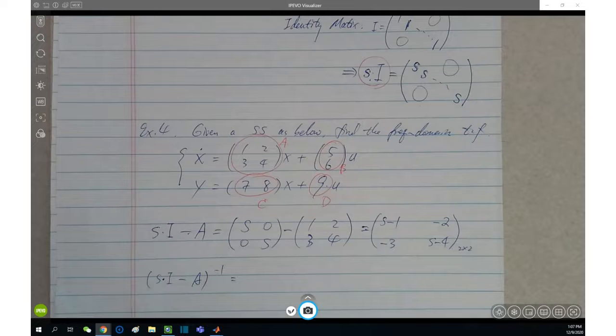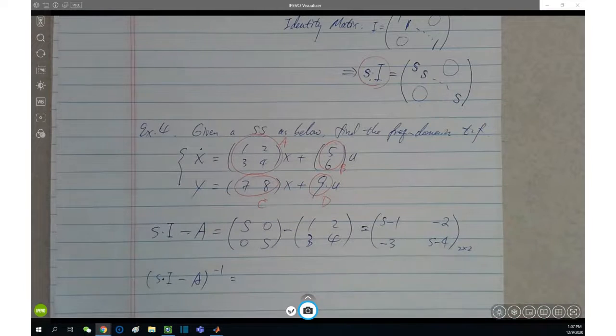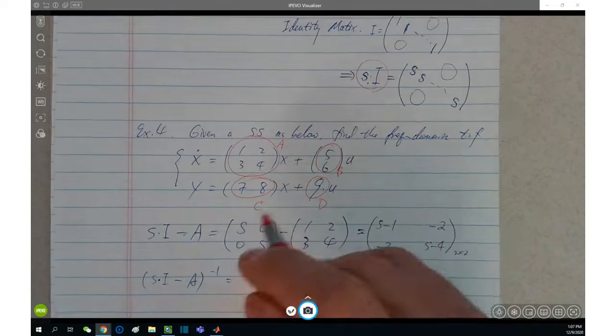Yep, a part of it, correct. Any more details? Actually, this is a 2x2 matrix, so we don't have to go through that complicated transpose procedure. That's a very complicated procedure. So we have a formula to apply.